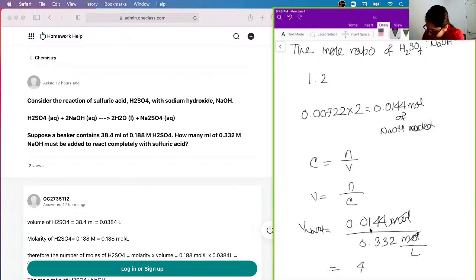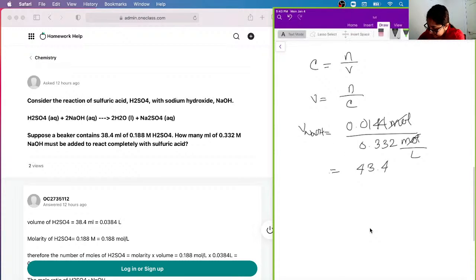43.4, so what you have in liters, sorry, it's going to be 0.0434 liters, and you can convert this into milliliters by multiplying this by 1,000.